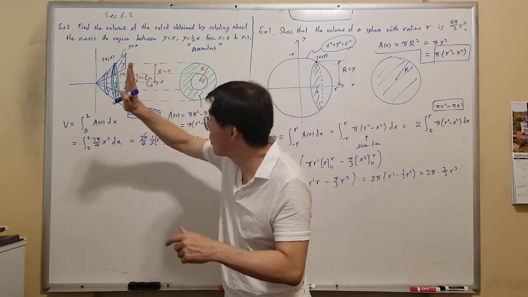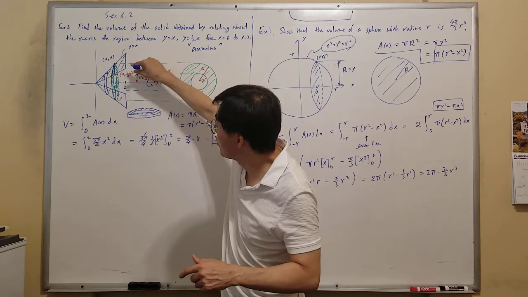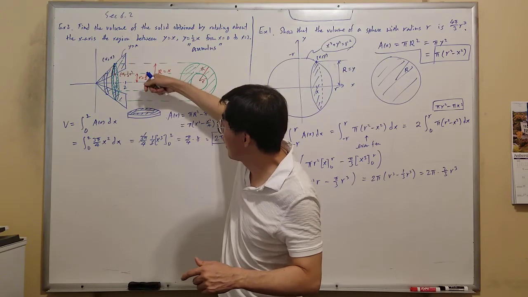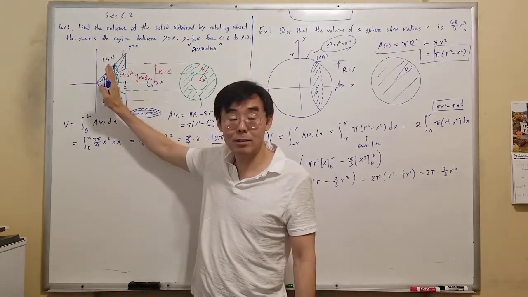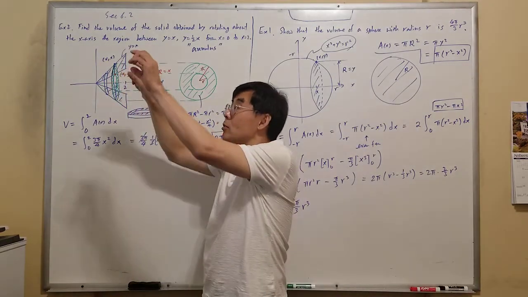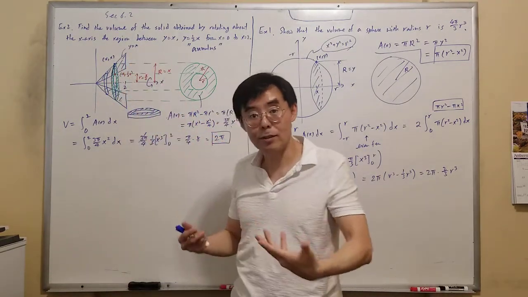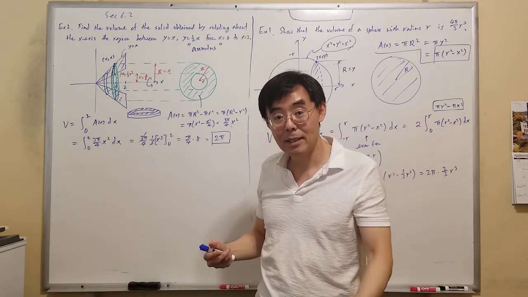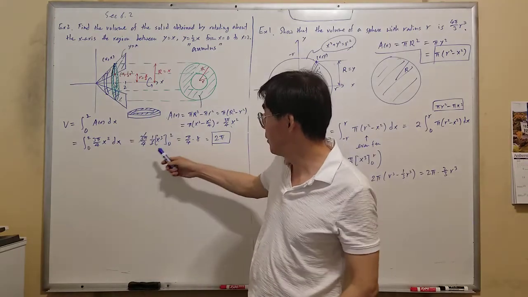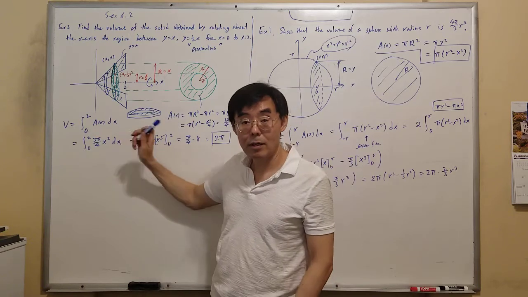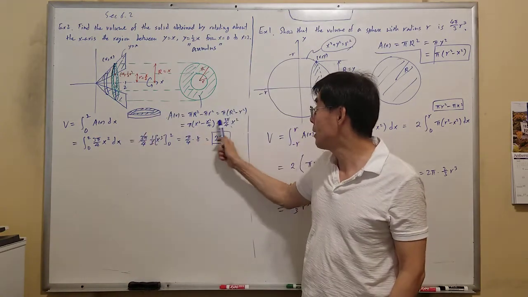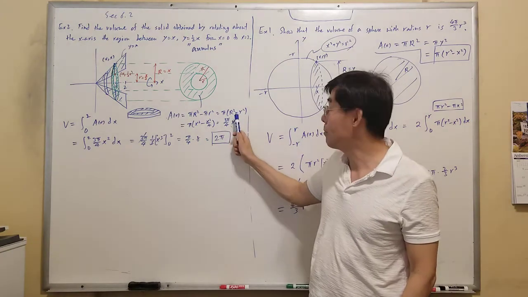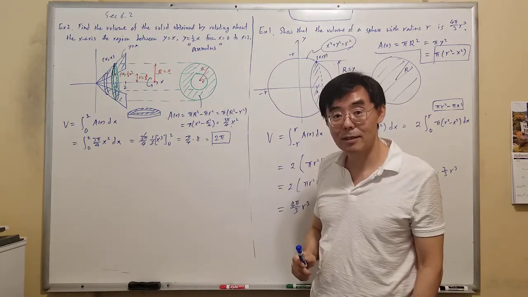Because you rotate a planar region around this axis, if you cut perpendicular to the axis of rotation, the cross-section shape is a circular region. So in the washer method, your cross-section area will always be pi times outer radius squared minus inner radius squared.